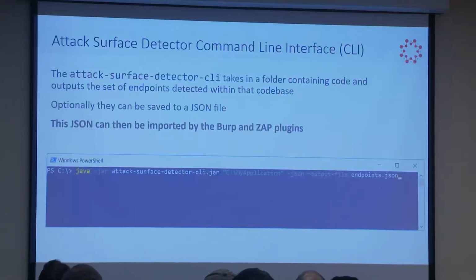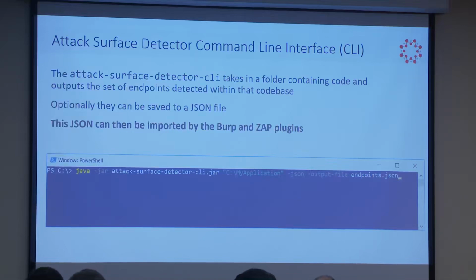And lastly, we have a command line interface for the attack surface detector. So one of the challenges is you may not always be able to get access directly to the source code. So if you're doing a scan or a review for someone else, they can run this attack surface detector CLI tool, which will output a JSON file of the attack surface and then give that back to the tester, who can then import it into ZAP and Burp or use it for other purposes as well.